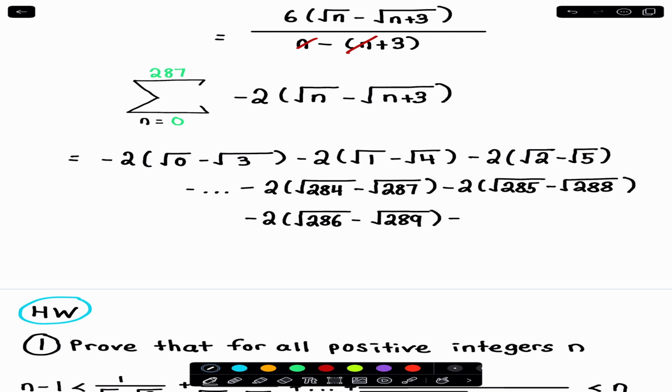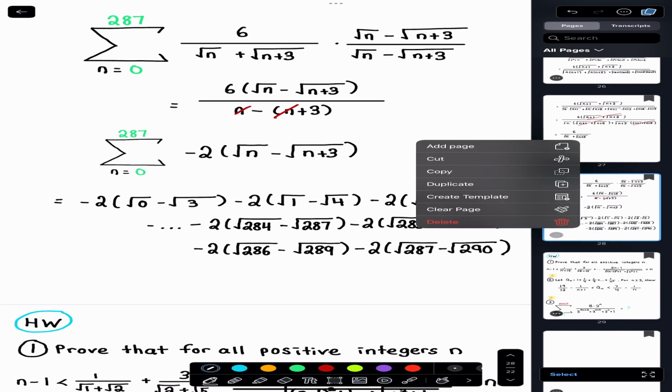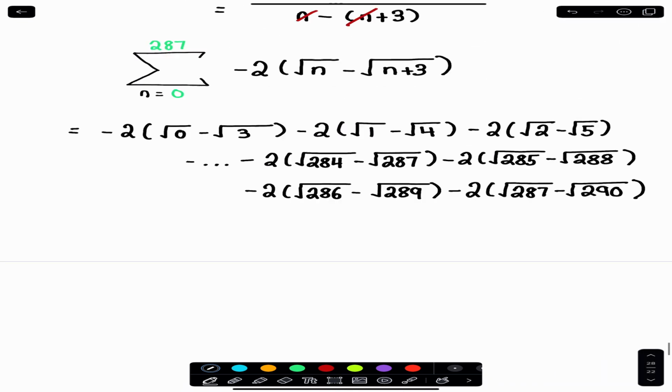And then finally, when n equals 287, we have minus root 290. And again, I need more page. I keep underestimating how much space telescoping takes.